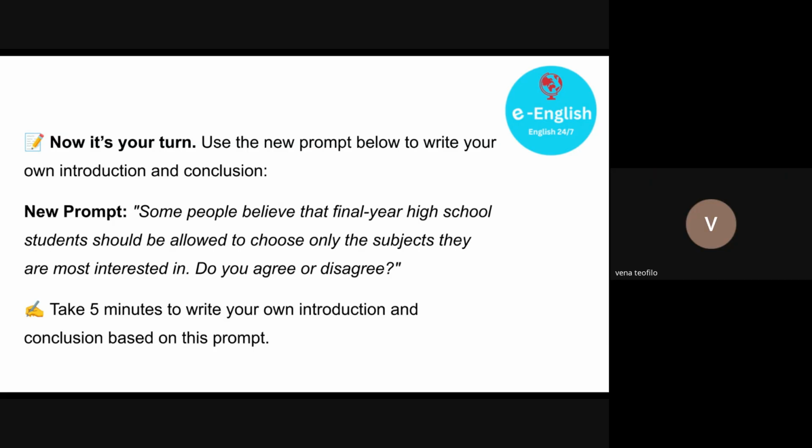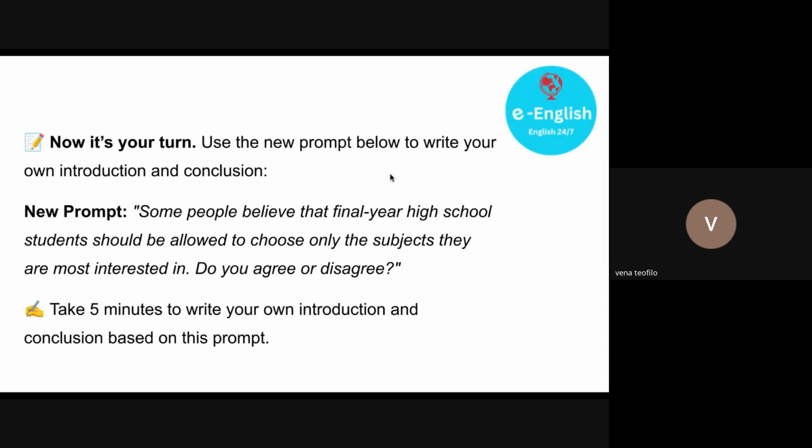So, in conclusion, or therefore, students are not allowed to choose their subjects of interest during their final years in high school, because it is for their benefit as well, in order to prepare them in facing another challenging job during college.